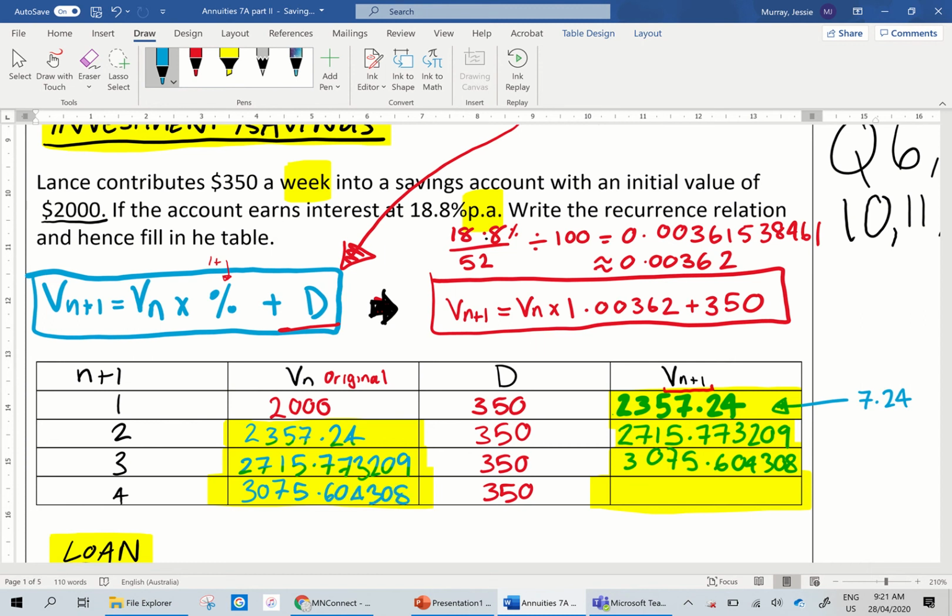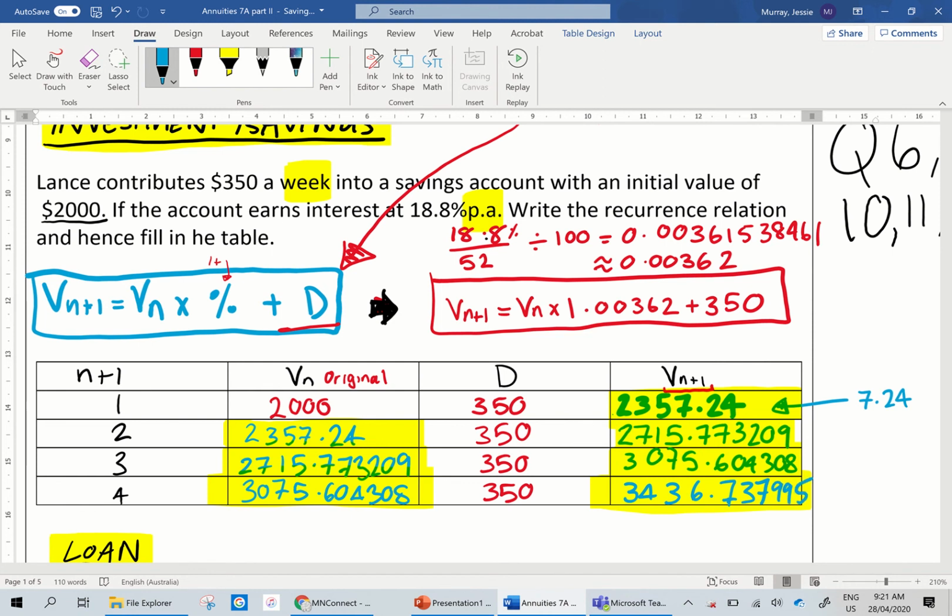Times that by my amount. And there we have it.